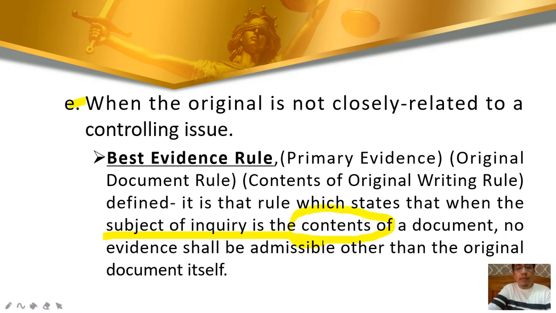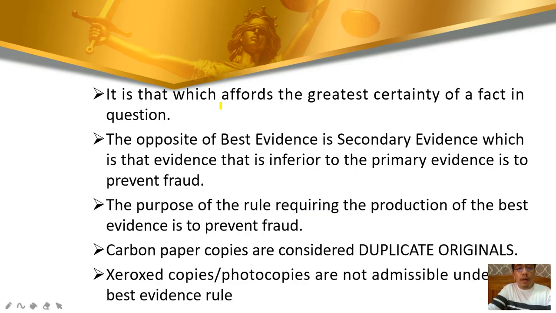If the subject of inquiry is not the contents of a document, then a document that is so introduced may only be considered as object evidence. Accordingly, the original document affords the greatest certainty of a fact. Its opposite is the secondary evidence.